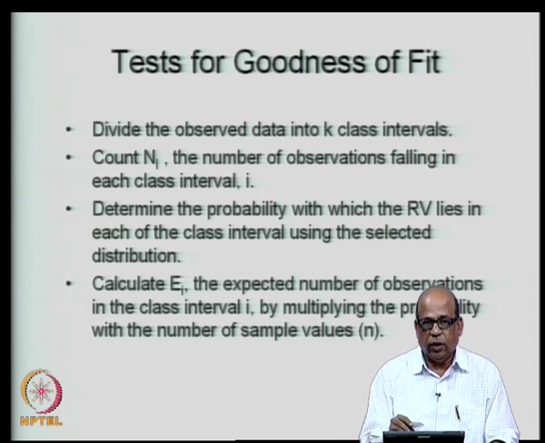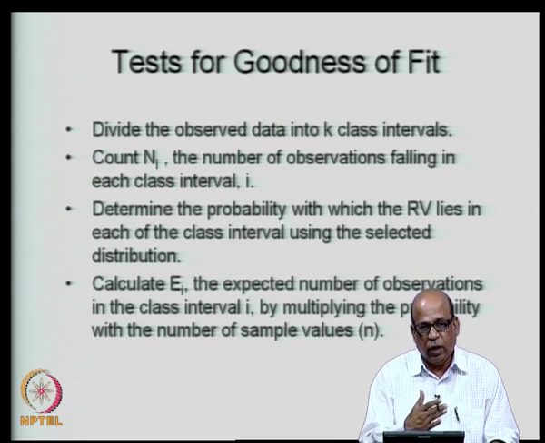Corresponding to each of the class intervals, now we count the number n_i which falls into a particular class interval i. As I said, 0 to 100 is one class interval. From the observed data, you see how many times it went into this particular class interval. 500 to 600 is another class interval. You again examine how many times it went into such classes.